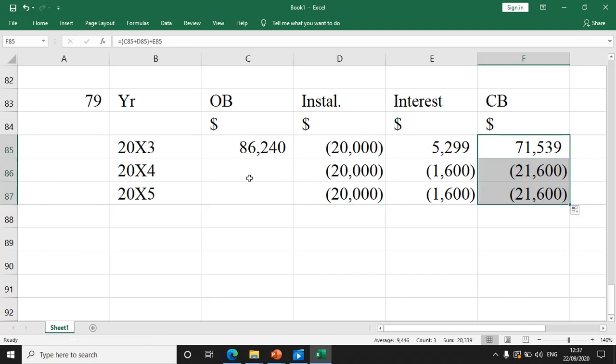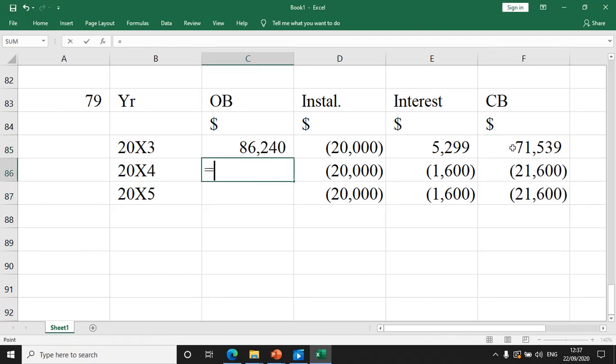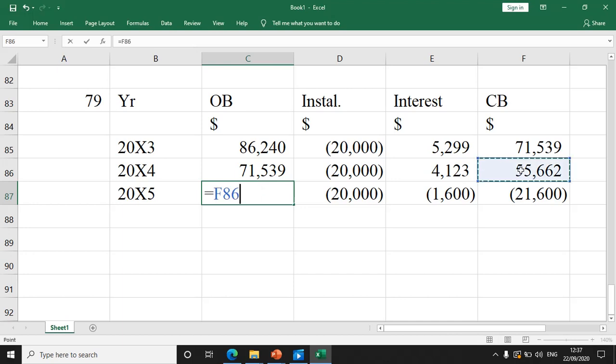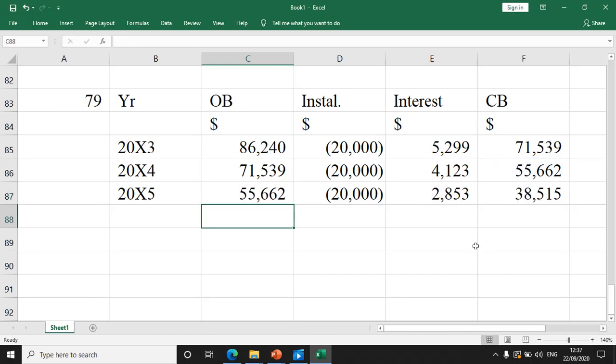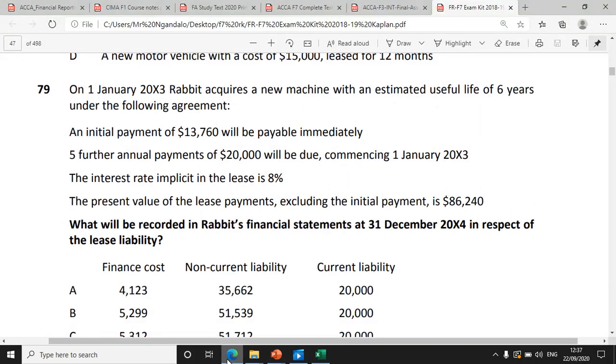So again, the closing balance for last year becomes the opening balance for this year. Again, you do the same here. You've got those figures. Okay, I think I'm okay. The question is saying, give us the finance cost, the non-current liability, and current liability for X4.